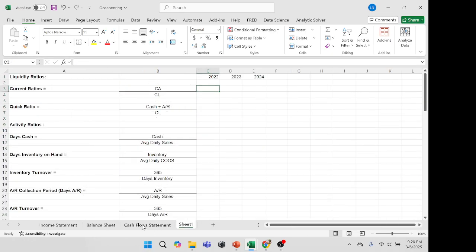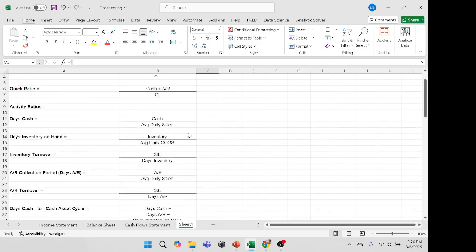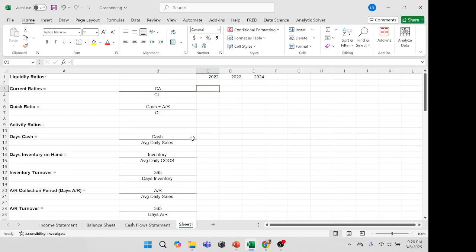It's not going to be on the cash flow statement. Anything related to revenue is going to be on the income statement, and anything related to other things is on the balance sheet.